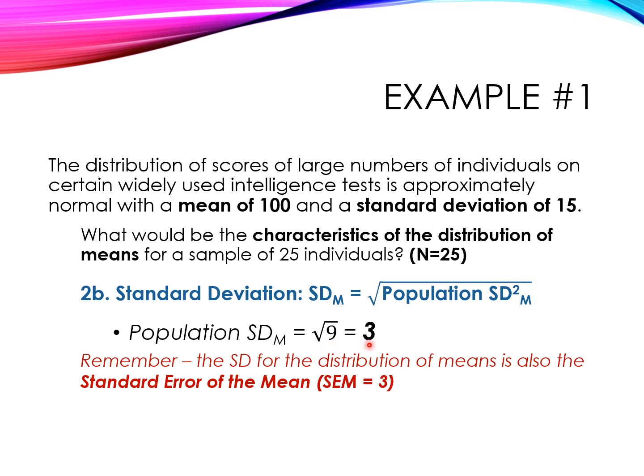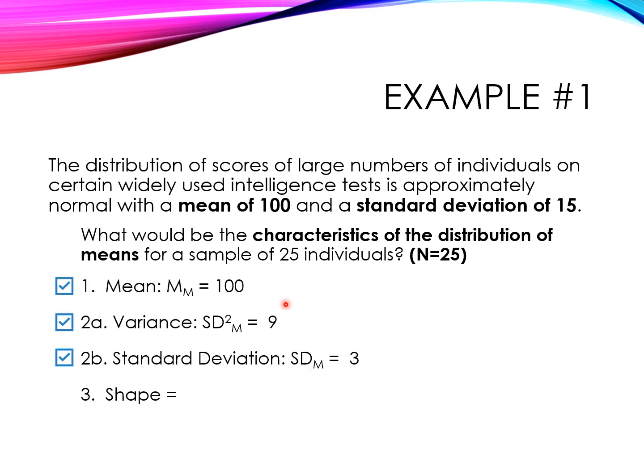And so the square root of 9 is 3. So remember, the standard deviation for the distribution of means is also the standard error of means. Okay, let's fill that one in. So we've got our mean for our distribution of means is 100. Our variance for the distribution of means is 9. Our standard deviation for the distribution of means is 3.